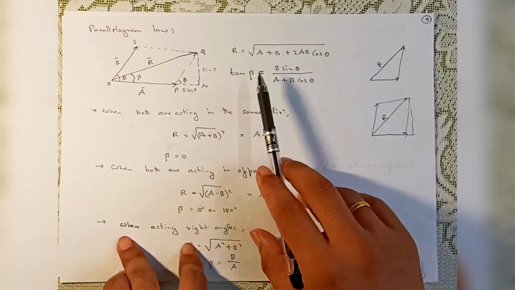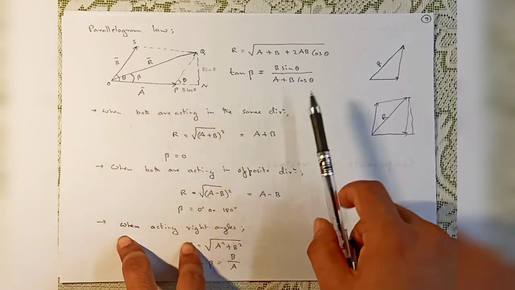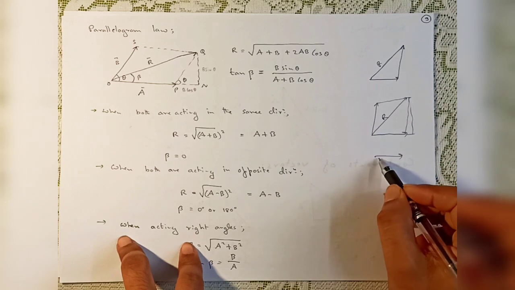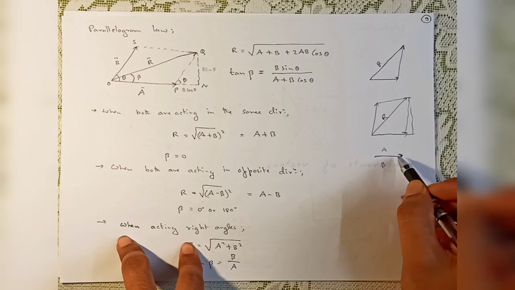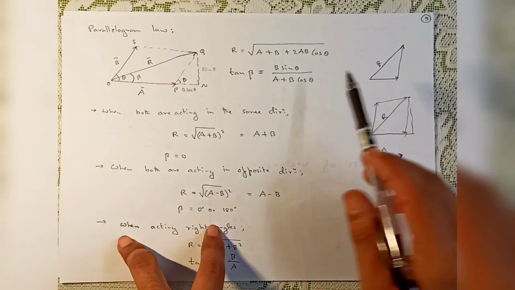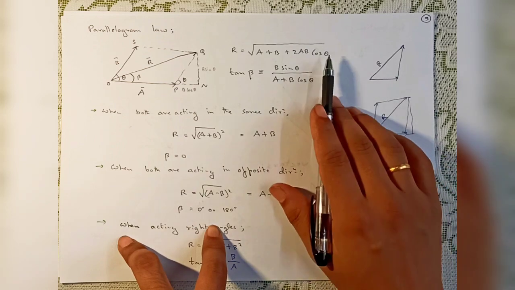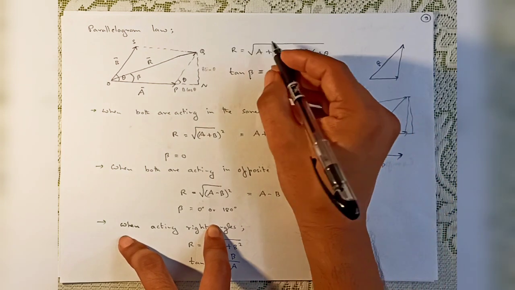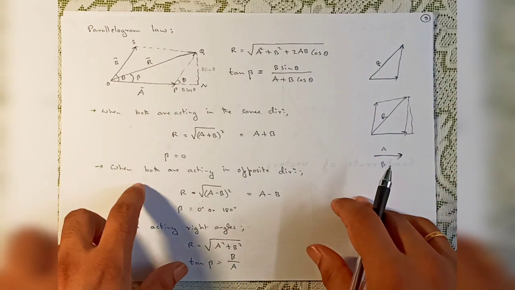Now there are certain special cases. When A and B are acting in the same direction, theta is 0 degrees, so cos theta is 1.